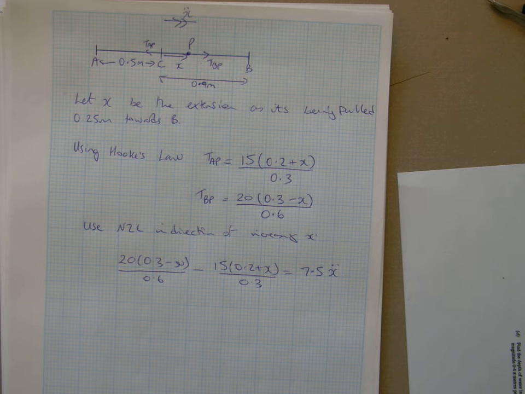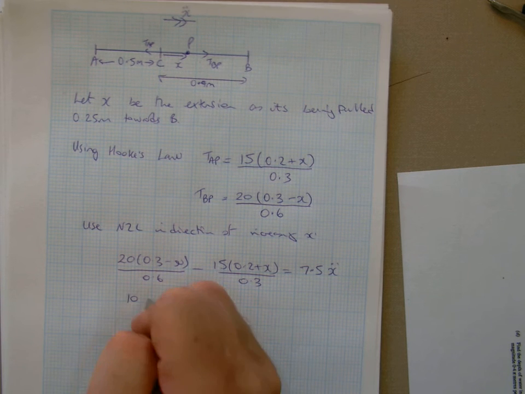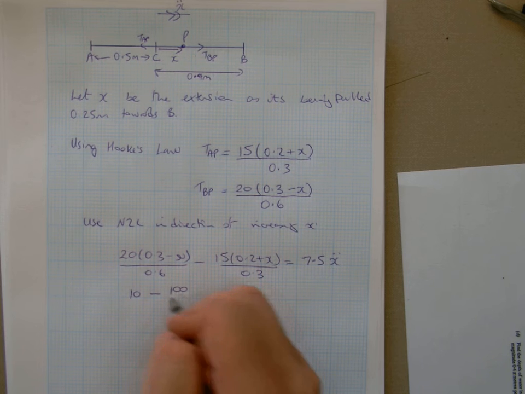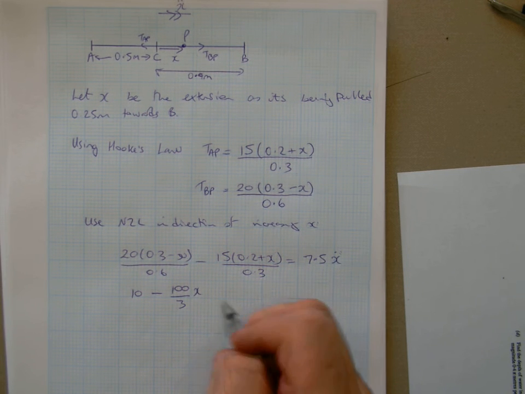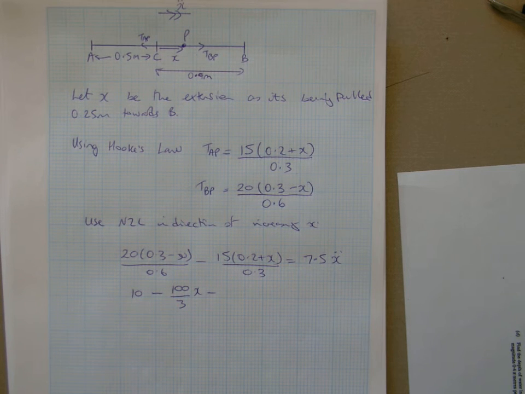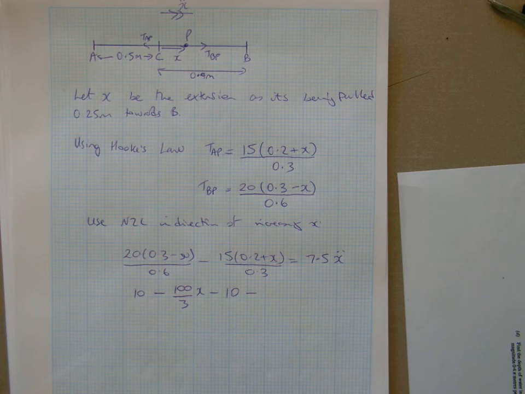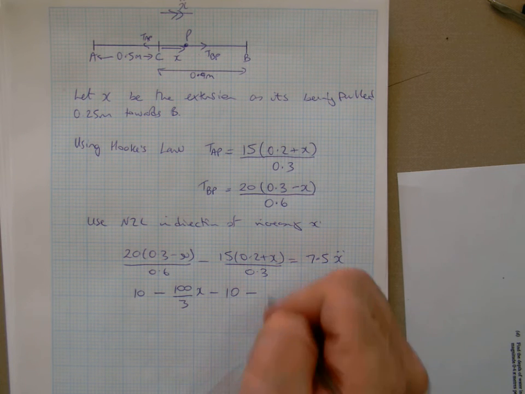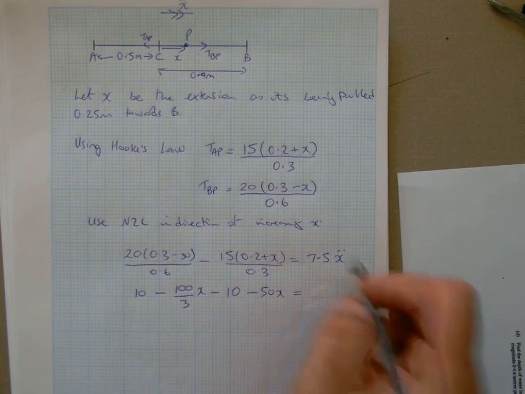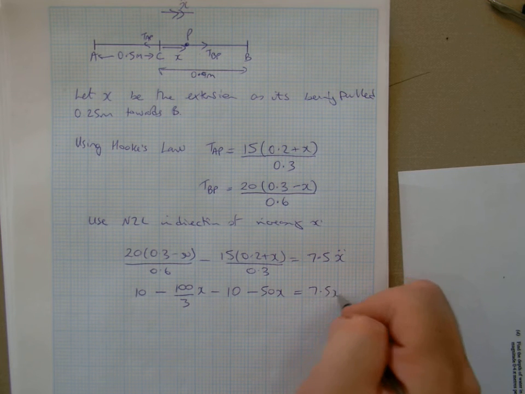Times 0.3, which is 10. Then we've got minus 100 over 3 x. Then working out the next one, we've got minus 10 and minus 50x, equals 7.5 x double dot.